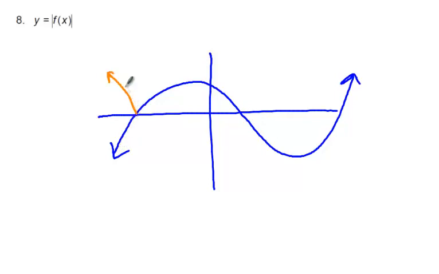So you take this piece and you make it reflect up that way. This one, the same thing. And then you remove what used to be down there. And that way none of your y values are negative, because the absolute value of a negative is always positive, as well as a positive always negative.